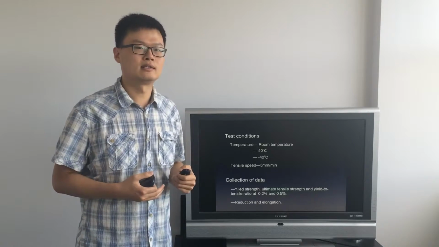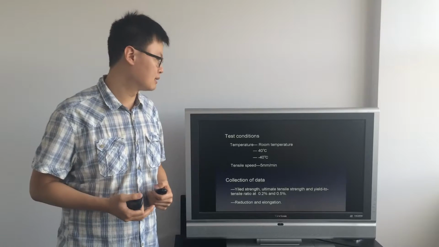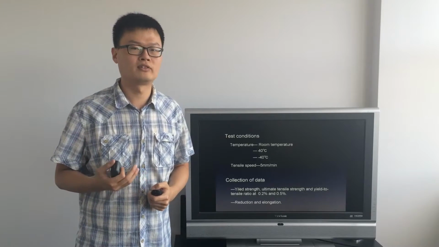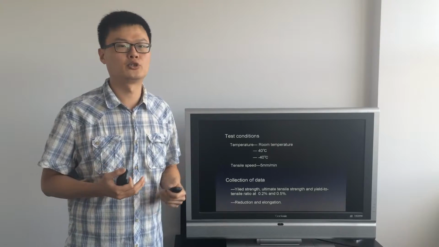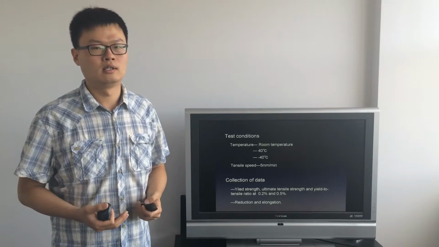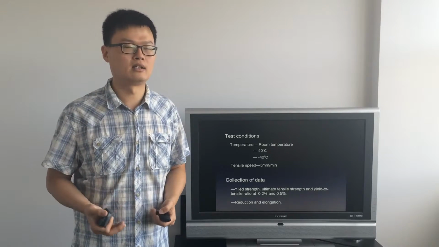The yield strength, ultimate tensile strength, and the yield-to-tensile ratio at 0.2% and 0.5% offset could be compared by drawing the stress-strain curves. Moreover, the reduction and the elongation would be assessed and compared.